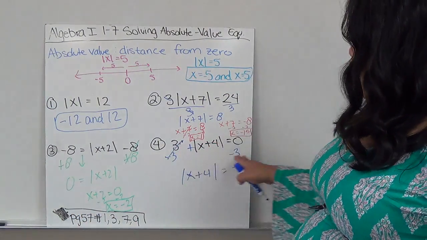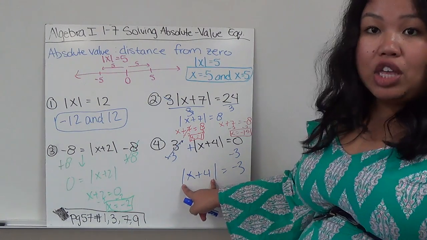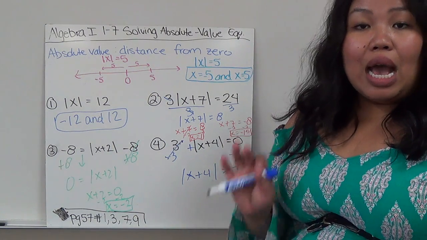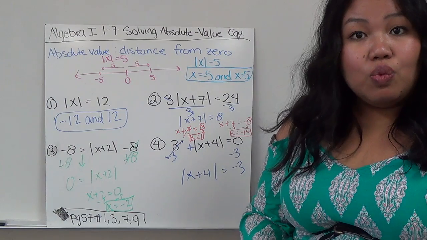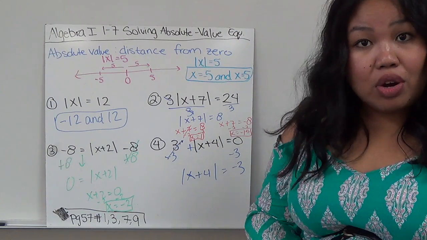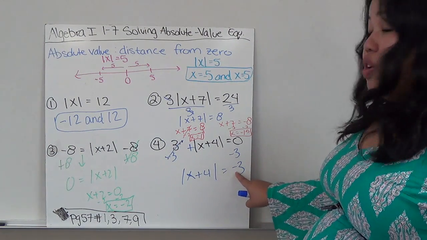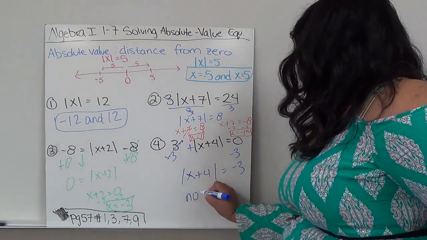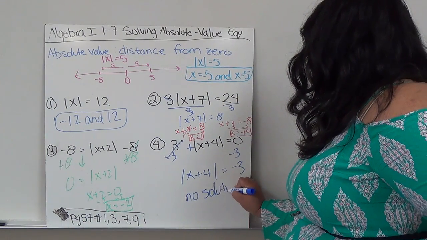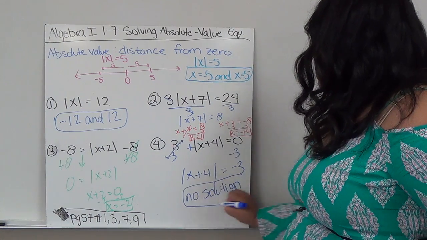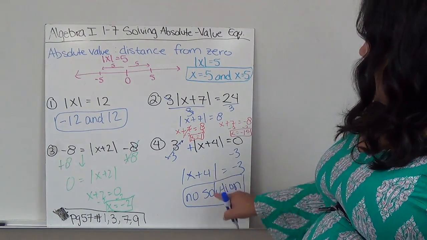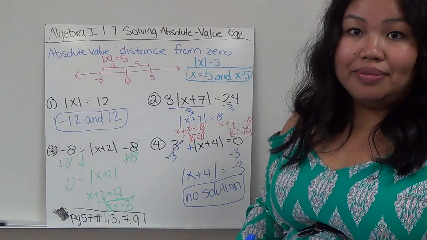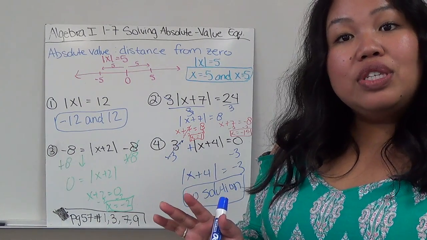But this one I brought over, and I ended up with an entire absolute value equals negative 3. An absolute value, just like distance, will not be a negative number. So because this absolute value equals a negative 3, and since that doesn't exist, this is no solution. So once I've isolated the absolute value, and I still end up with a negative number, I end up with no solution. All right? So hopefully you understand that a little bit more.